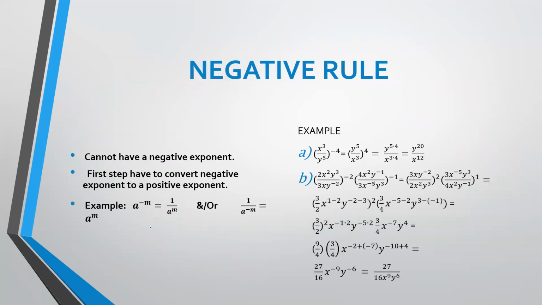Okay. Now let's talk about the negative rule. If your power has a negative number, we cannot write that as our final answer because it is not the simplest form. So if your base is raised to a negative power, we're going to write it as its reciprocal, and that's going to cause it to flip, right?